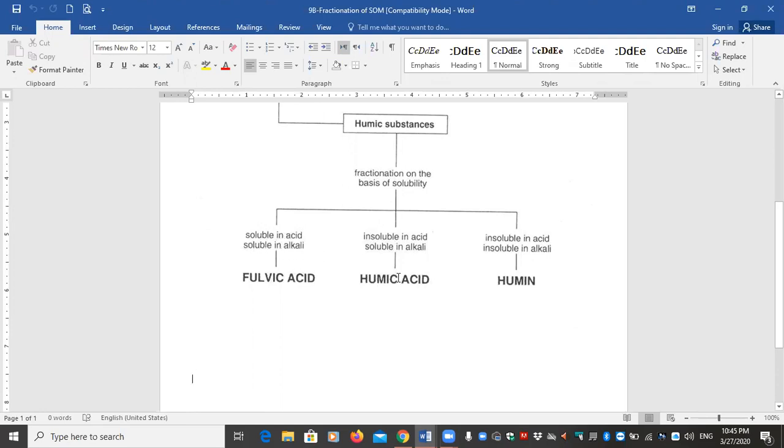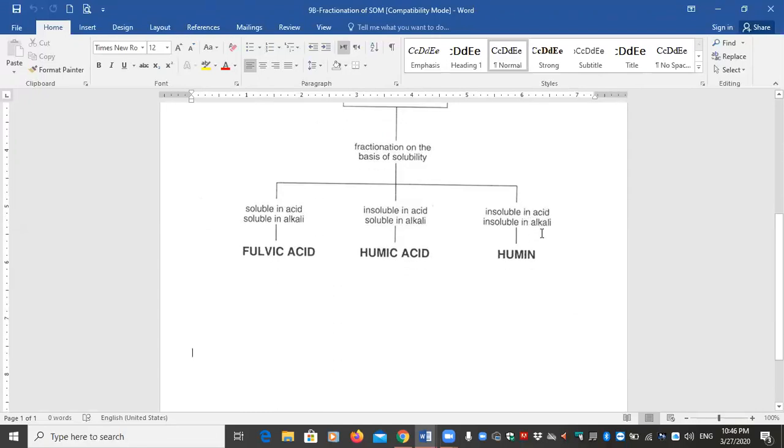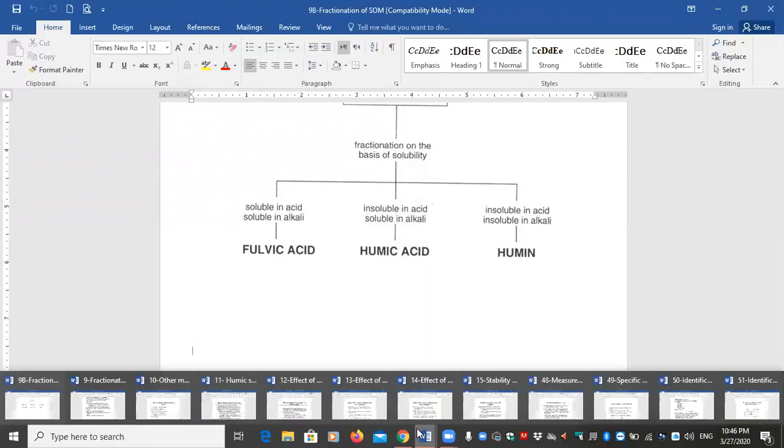Then we have the humic acid, which is insoluble in acid, but soluble in alkali. And then we have humin, which is insoluble in acid, insoluble in alkali. So it's not soluble in any acid or alkali conditions.